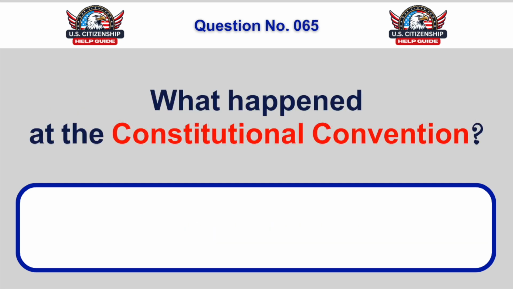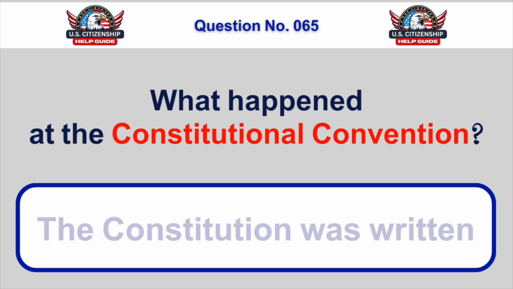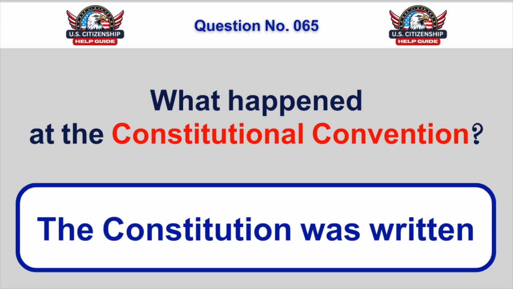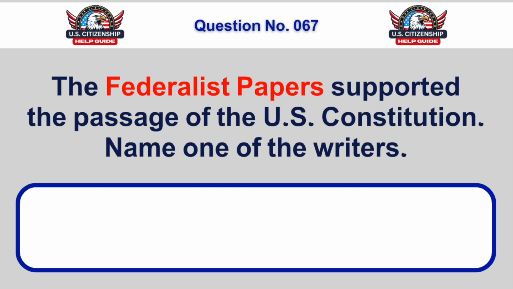What happened at the Constitutional Convention? The Constitution was written. The Federalist Papers supported the passage of the U.S. Constitution.